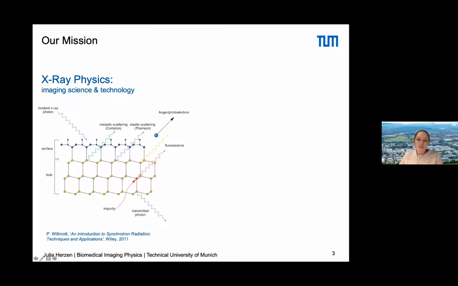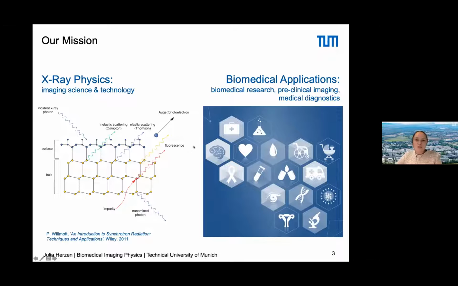This image here shows, maybe well known to all of you, the interactions of X-rays with matter, and we bring them close to the application. So we help biologists and medical doctors to solve problems based on the modern developments in X-ray physics.